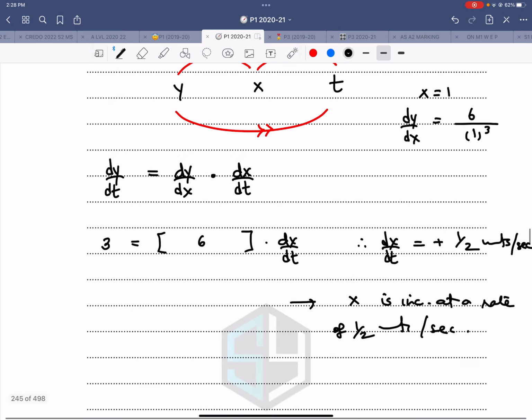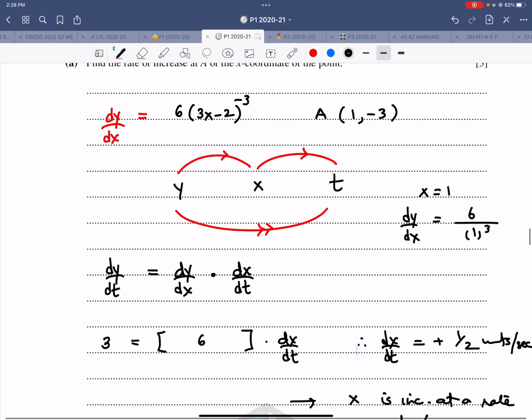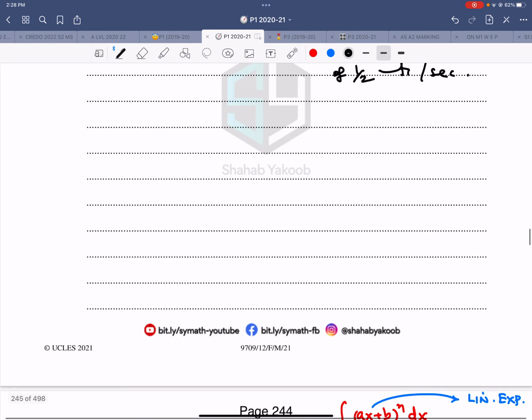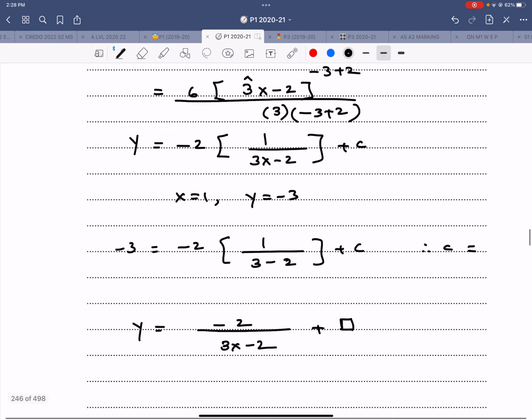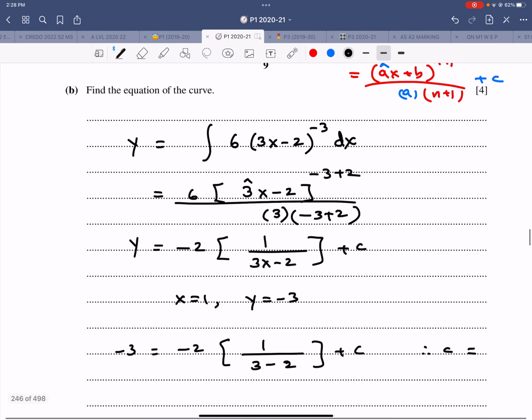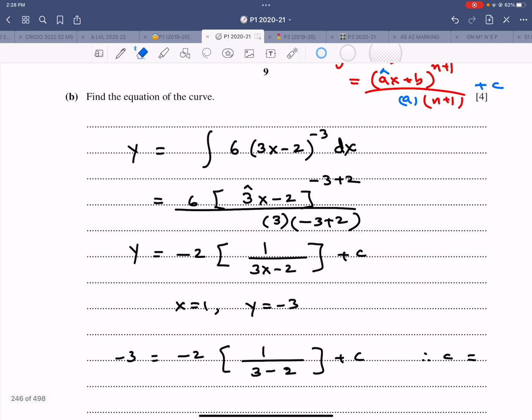Okay. When x is 1, y is minus 3. Any question? Yeah. My bad. Okay, so let me correct it. I'm writing the correction with a red marker. This is minus 3 plus 1, which is minus 2.